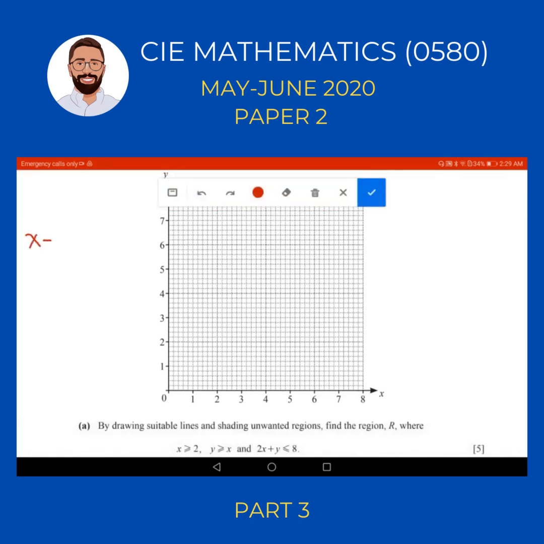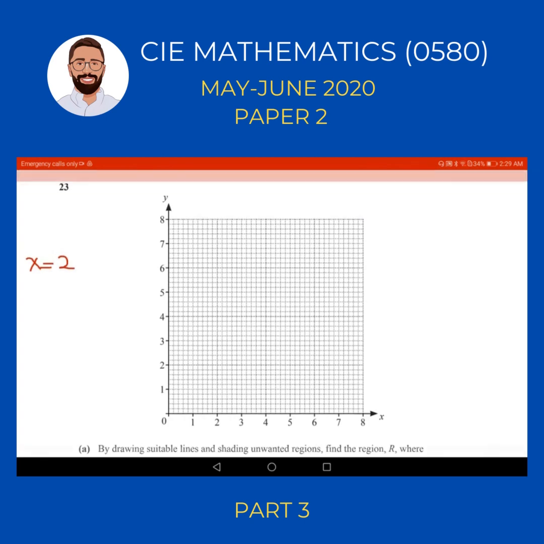So x equals 2 is straightforward. It's just a vertical line intersecting the x-axis at 2. So let's do that. I'm going to draw a vertical line. Again, I'm not using a ruler, so I'm trying to do my best. So a straight line intersecting the x-axis at 2.